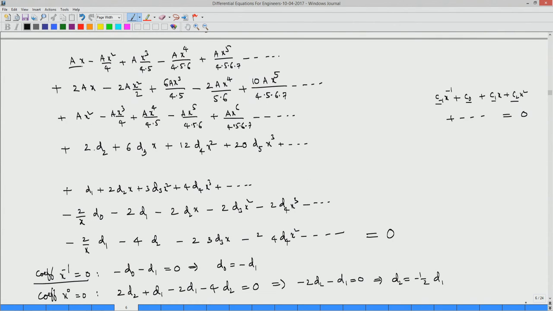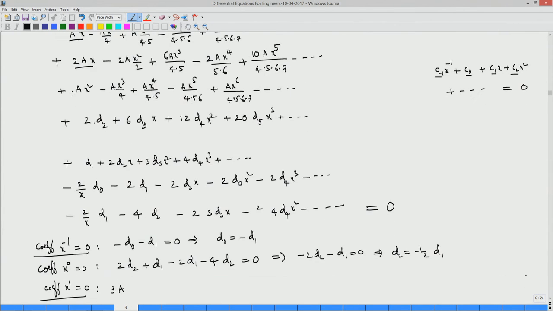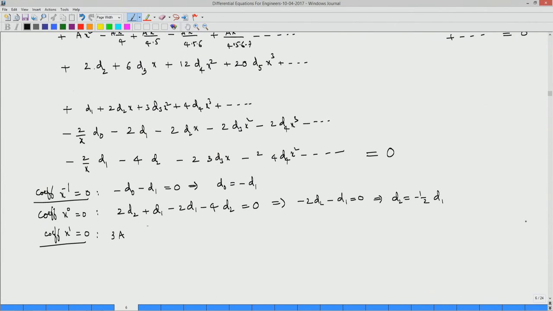So, these are the two terms, and then you get 6d3, 2d2, and then minus 2d2, and then here again minus 6d3 equal to 0.